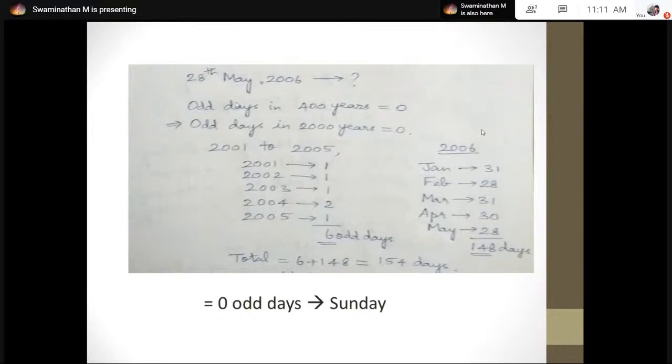Now I am calculating from Jan 1 until May 28: Jan 31 days, February 28, March 31, April 30, and May 28. The sum is 148, and 148 plus 6 is 154. 154 is divisible by 7, so 0 odd days. So 28th May 2006 is Sunday.